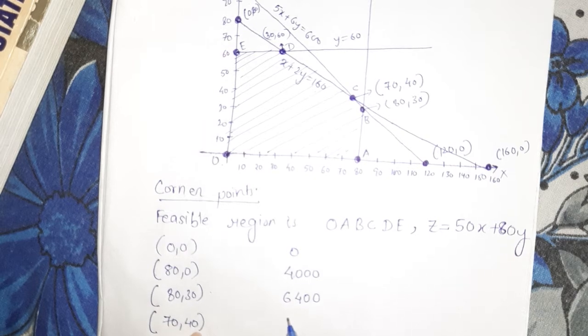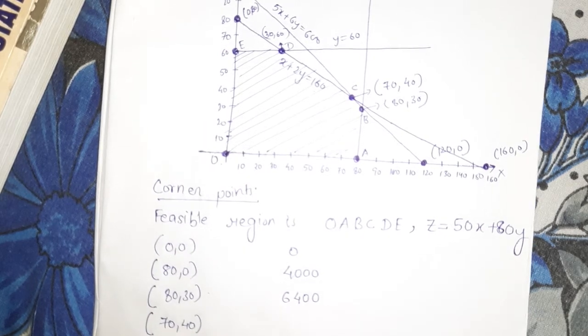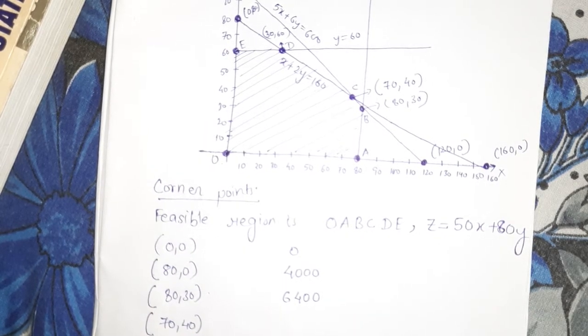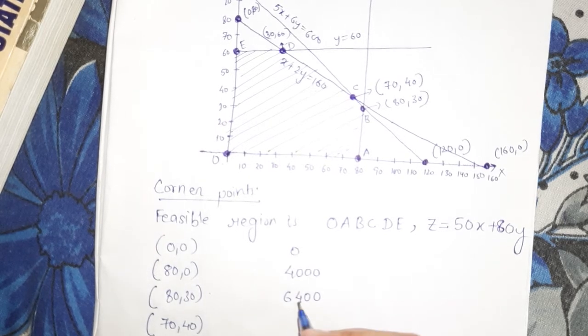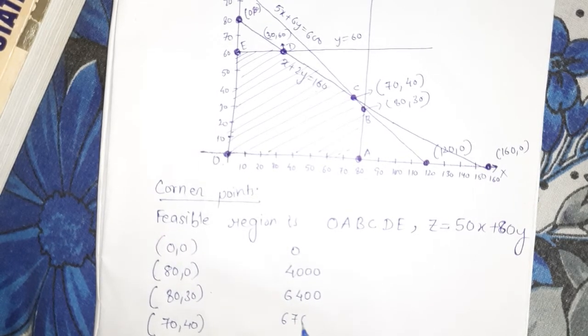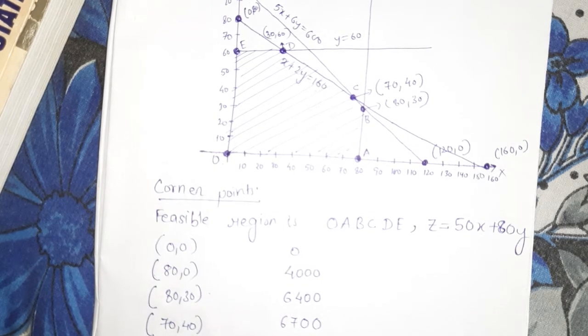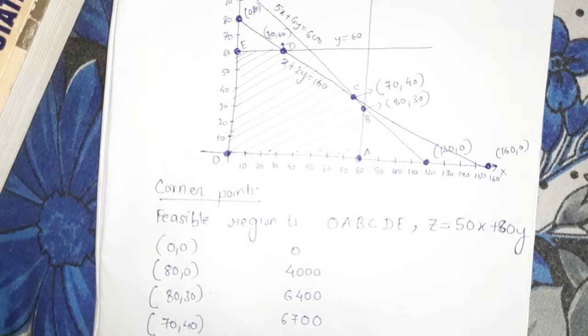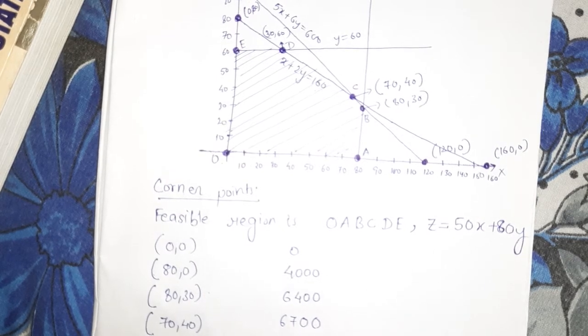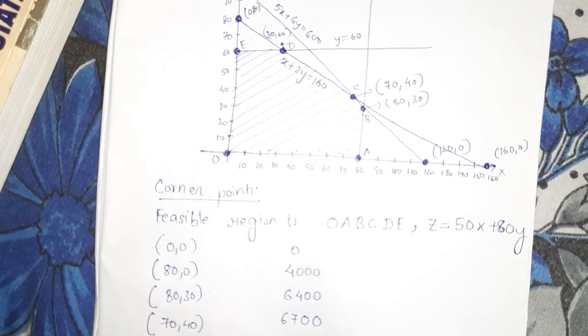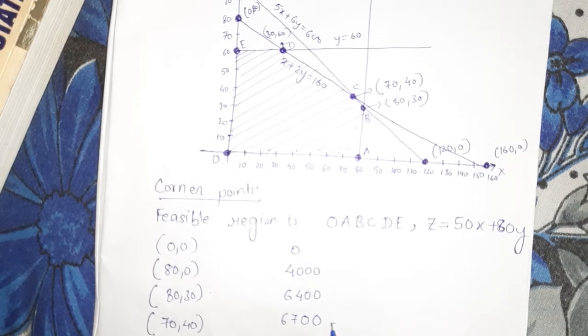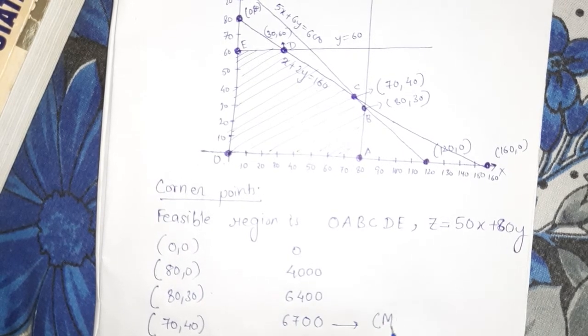Then 70, 40: 3500 plus 3200, 6700. Then 30, 60: 6300, and last one is 4800. So the maximum amount we get is at this point, this is maximum.